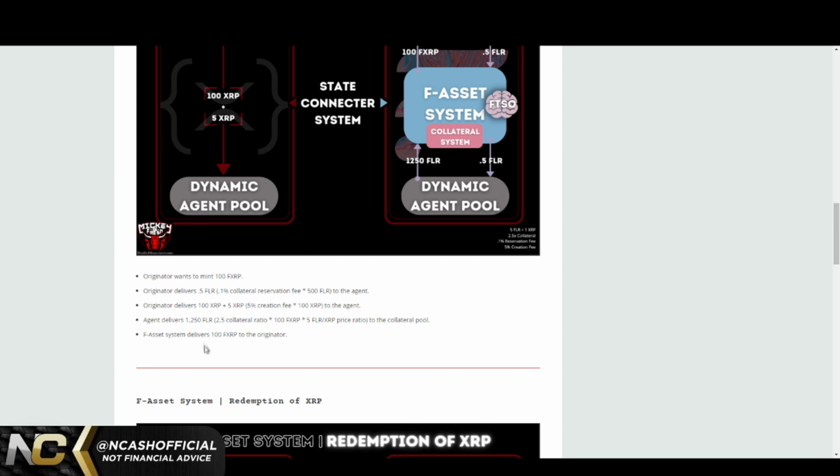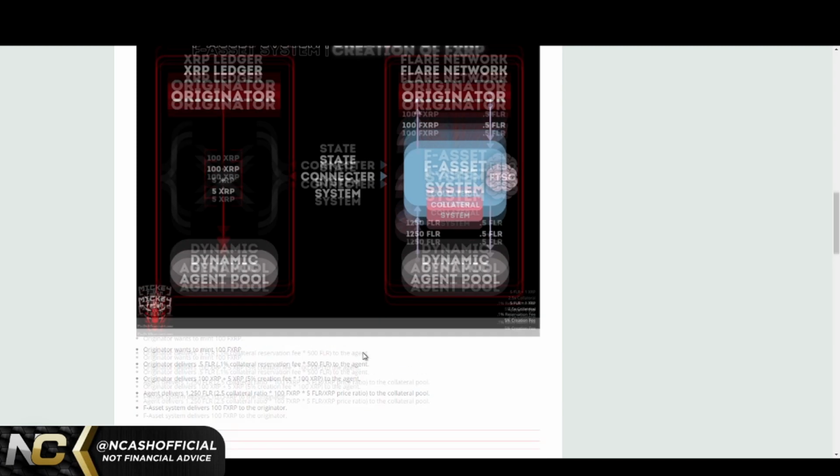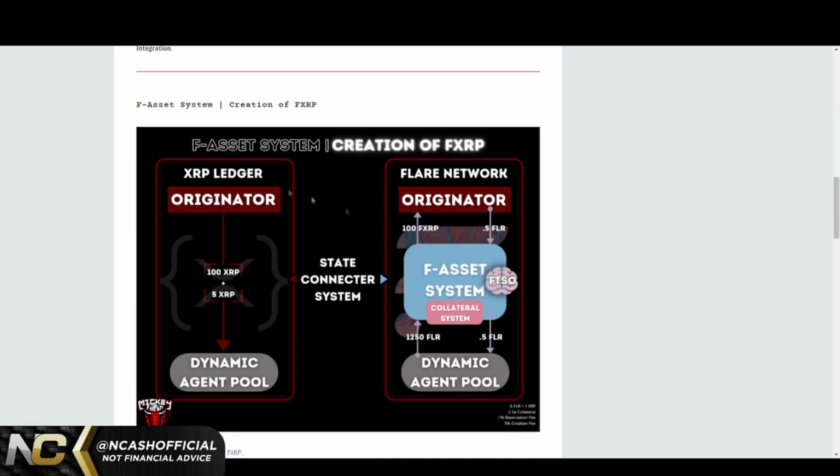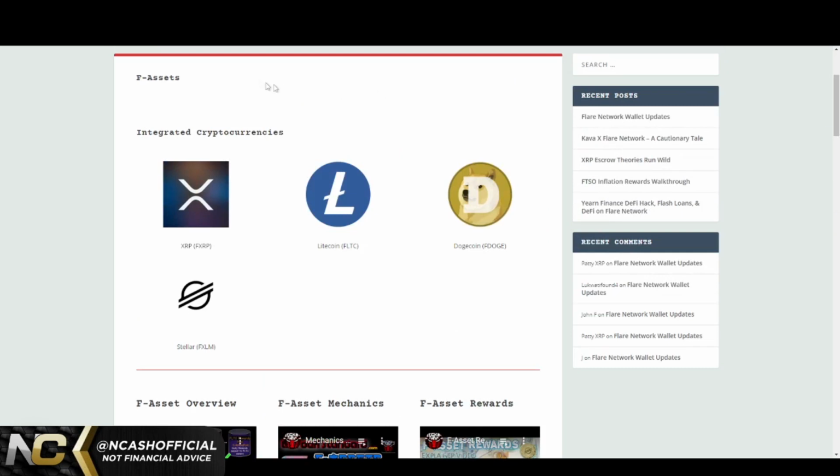Agent delivers 1,250 Flare, 2.5 collateral ratio, times 100 XRP, times 5 Flare/XRP price ratio to the collateral pool. F asset system delivers 100 XRP to the originator. And that's basically how this Flare asset system creation of XRP will work, which is pretty cool. But yeah, Flare is going to help a lot of people make a lot of money very fast.